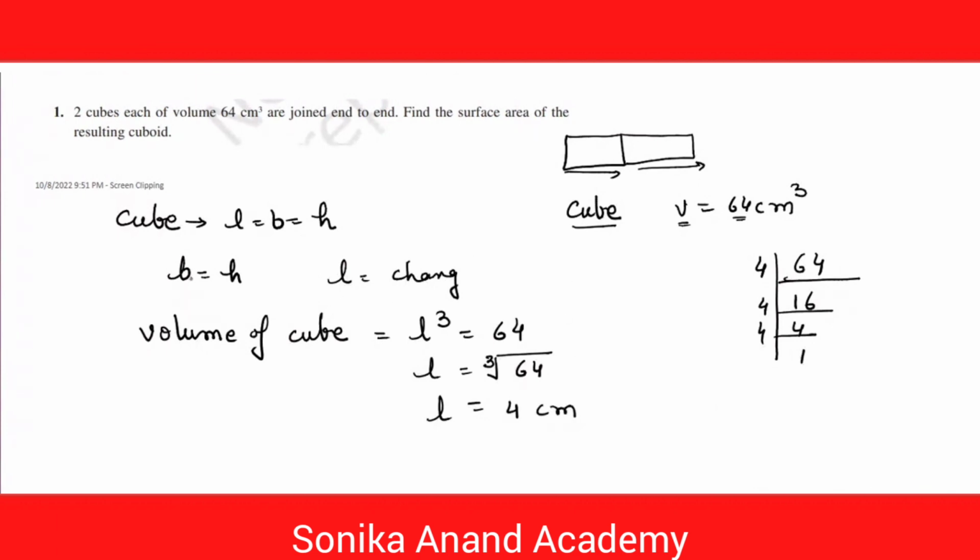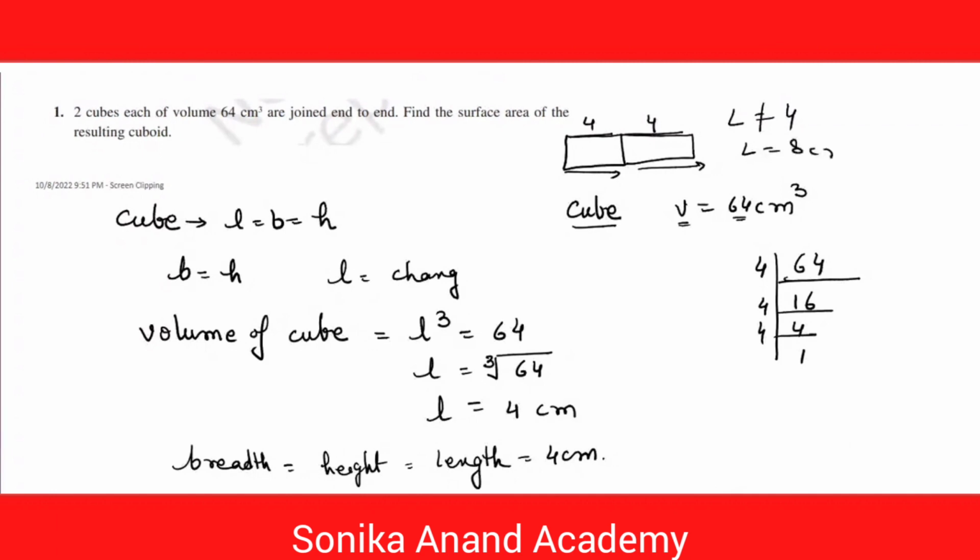Now that means the breadth and height: breadth is equal to height is equal to length, all are equal to 4 centimeter. But when we join these two cubes, this is 4 centimeter and this is 4 centimeter. So length is not equal to 4 centimeter. Length becomes 8 centimeter.